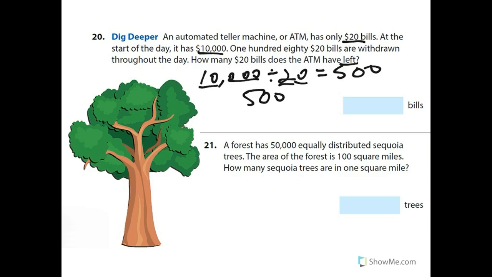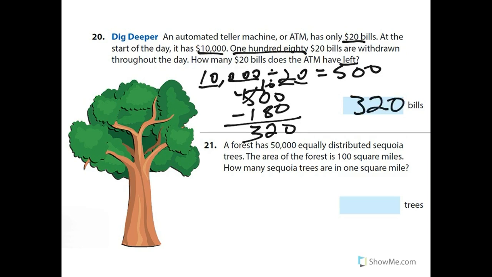Did you do that one first? And then 180 are withdrawn. So 320 bills are left. Yeah, you had to do some division and then some subtraction on that one. You impressed me if you got that right.